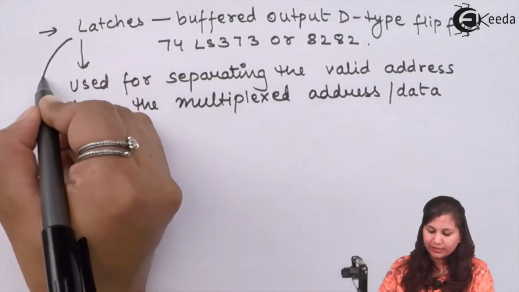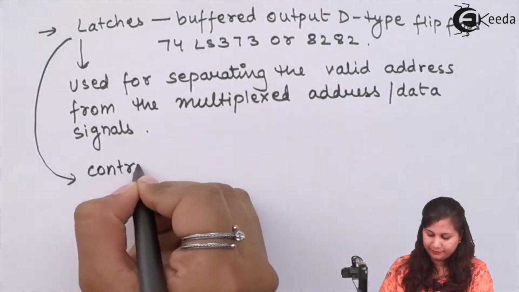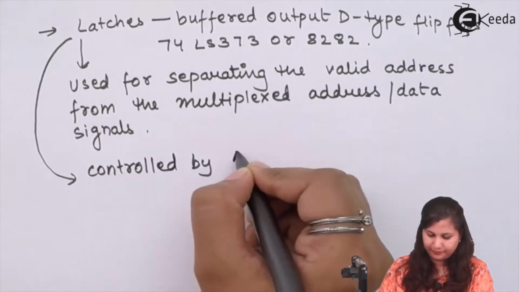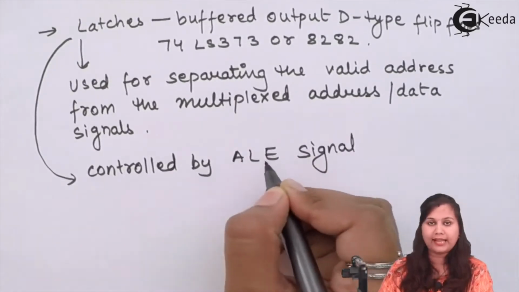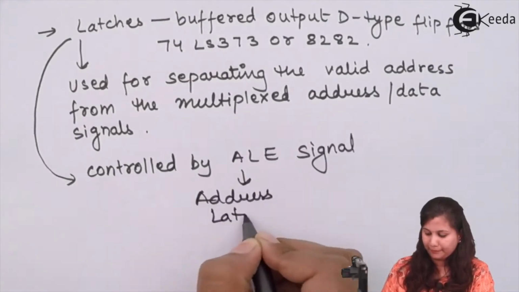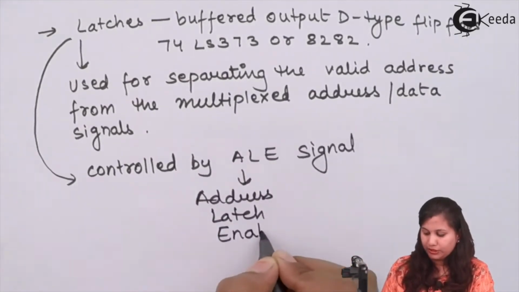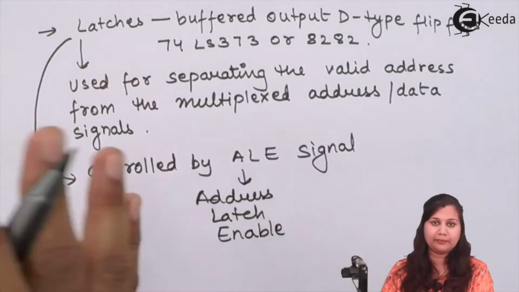Now these latches are controlled by the ALE signal. ALE signal is the address latch enable. So this signal enables the latch, it is used to enable or disable the latch.